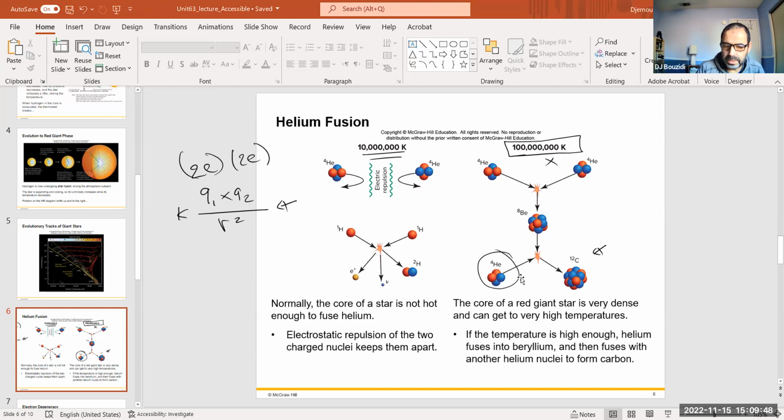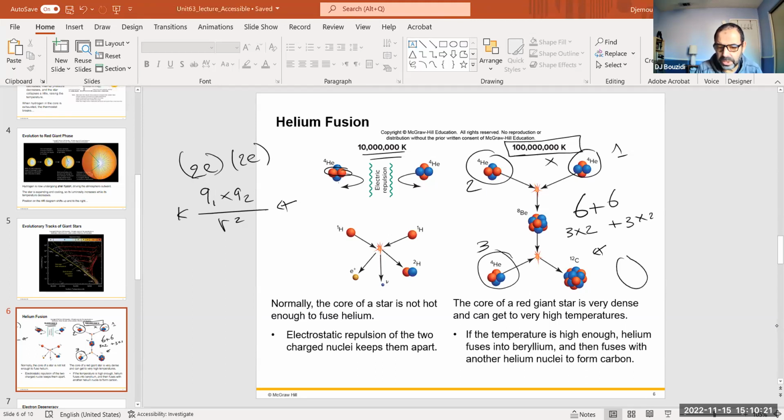Carbon is 6 protons plus 6 neutrons. Think of them this way: each helium is bringing 2 protons and 2 neutrons. So you have 3 heliums at the end of the day combining to form carbon. You could even form oxygen.